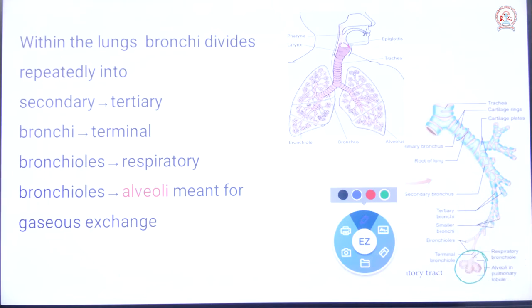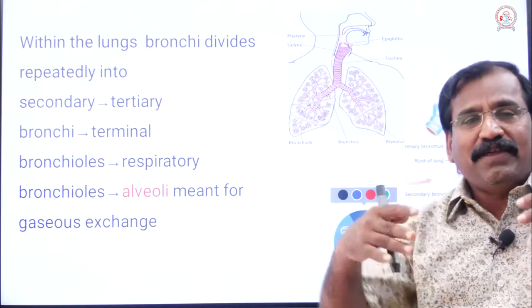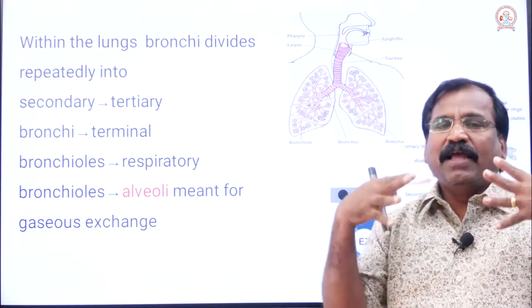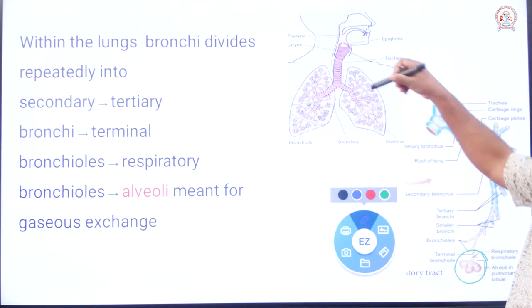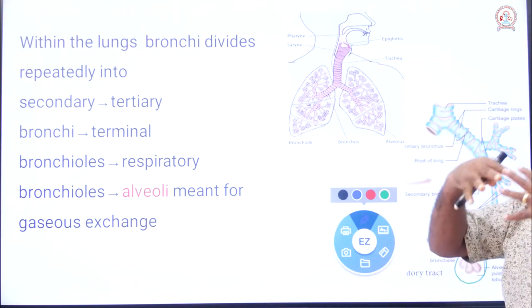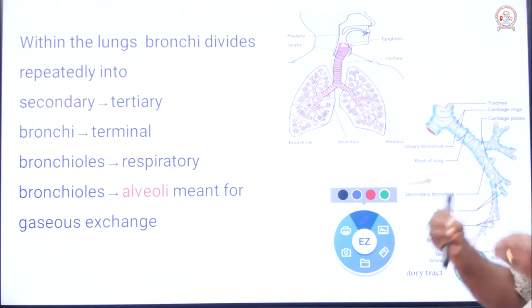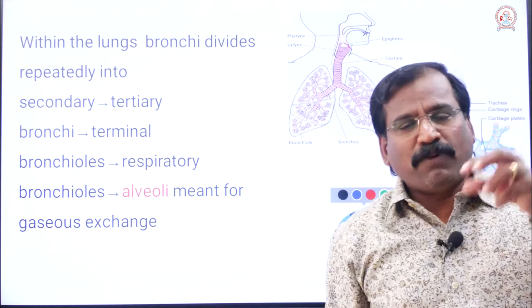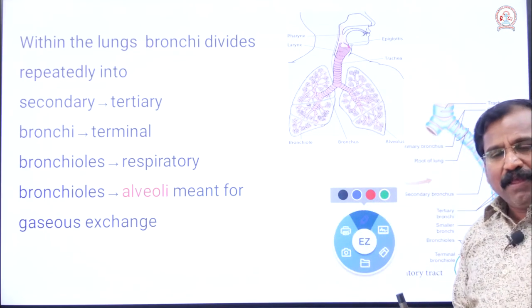You know, the alveoli is where the actual exchange of the gases takes place. This is magnified. See how the bronchus divides into primary, secondary, tertiary, and fine branches, and all the fine branches end with sac-like structures called alveoli.